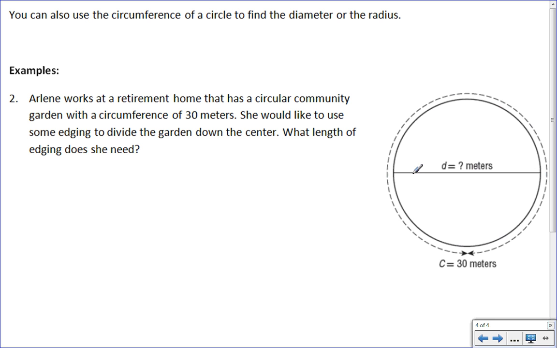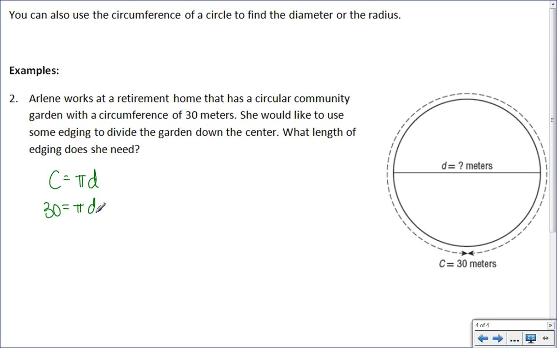So she wants to put a divider made out of edging straight through the center of the circle. So we are looking for the diameter. Well, we have the circumference, we're looking for the diameter. The formula we want is the one that relates circumference and diameter. C equals pi d. And now we'll just replace the numbers we have. So if the circumference is 30, we'll replace C with 30.